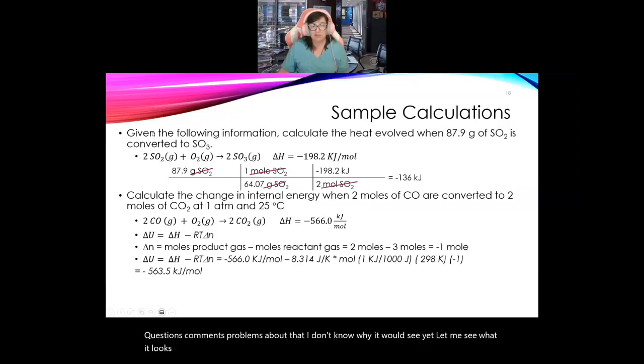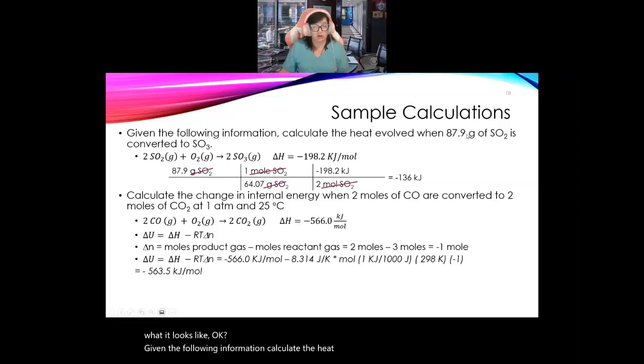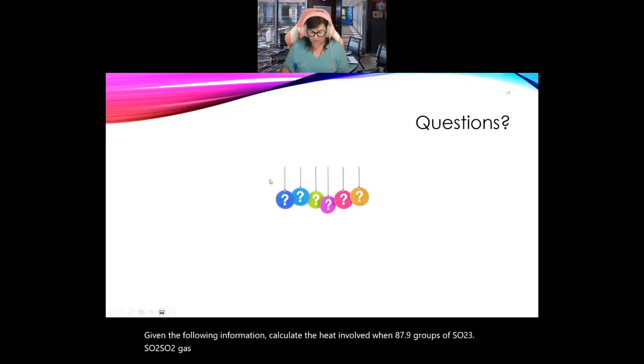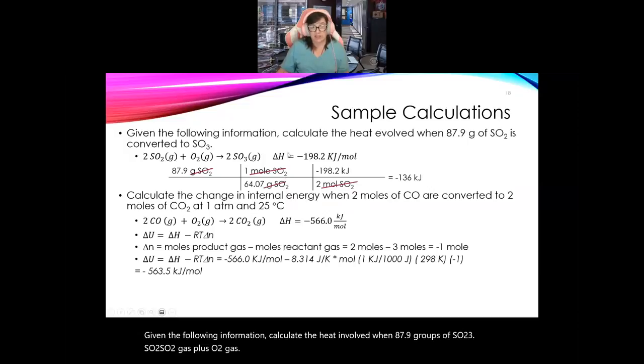Okay. Given the following information, calculate the heat evolved when 87.9 grams of SO2 is converted to SO3. So 2 SO2 gas plus O2 gas goes to 2 SO3 gas, and the delta H for that is negative 198.2 kilojoules per mole.